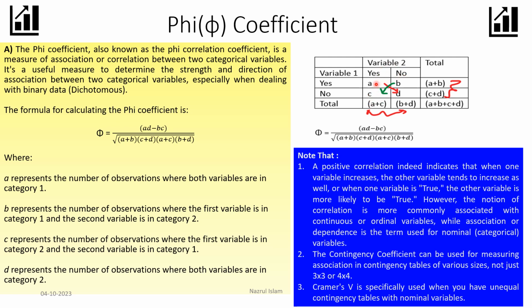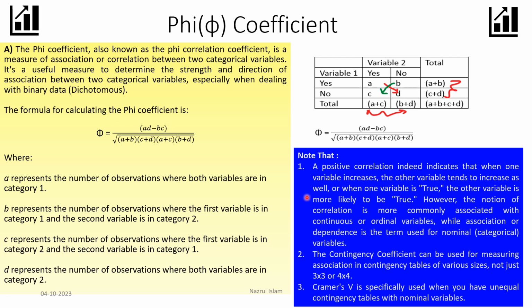Suppose we put here A, B, C, D, and if we cross multiply A and D, we get AD. If we multiply B and C, we will get BC. Then the totals A plus B and C plus D are here, and A plus C and B plus D are here, under the root.